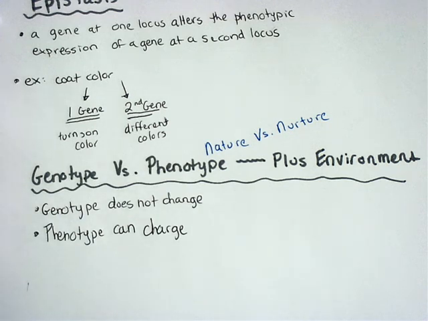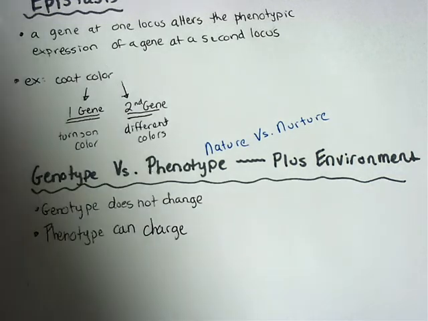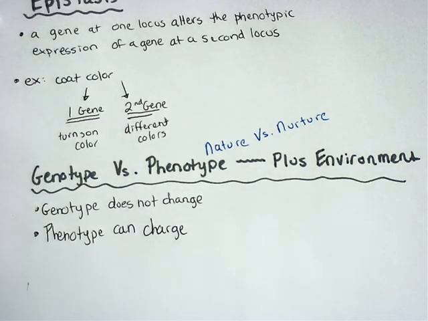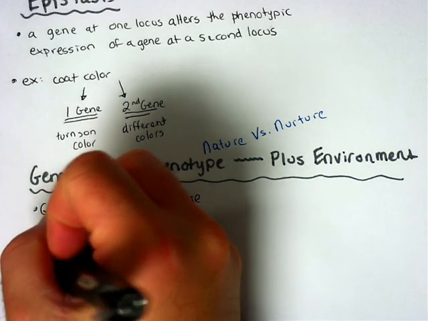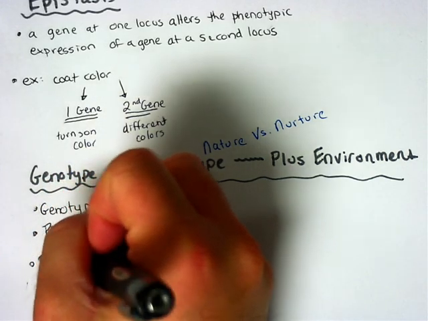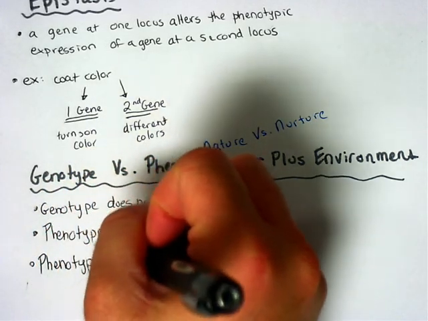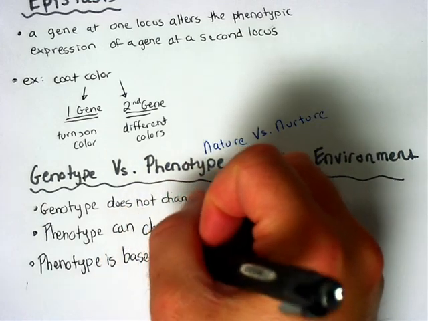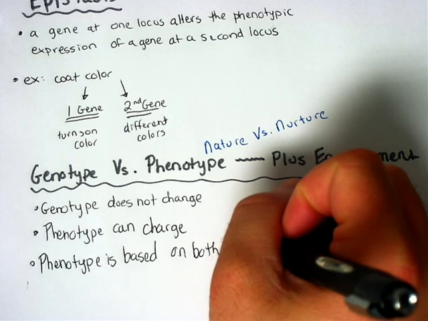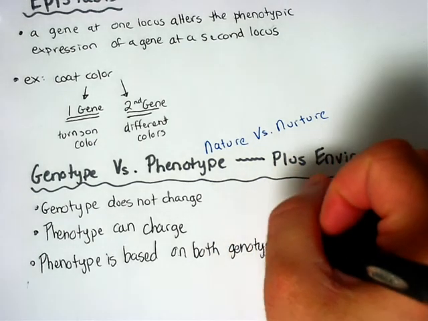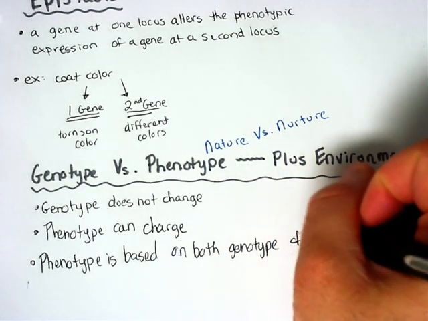The reason that they would have the different colored flowers here is because of different amounts of acidity in the soil. That's one factor. So you can change the phenotypic expression based on the environment. So your phenotype is based on both the genotype and the environment.